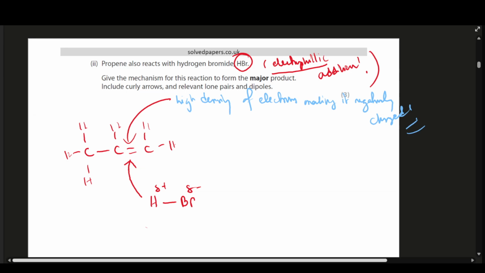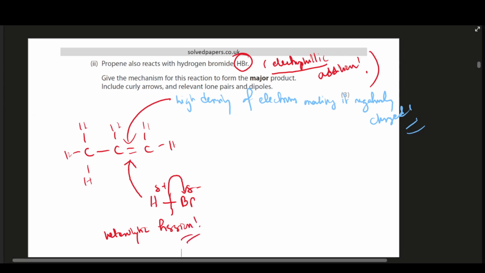All right, so at the same time, what happens? Something great happens, which is that via heterolytic fission, this bond breaks down. And we all know what heterolytic fission is. Sylvia, can you tell me what is heterolytic fission? Any idea?